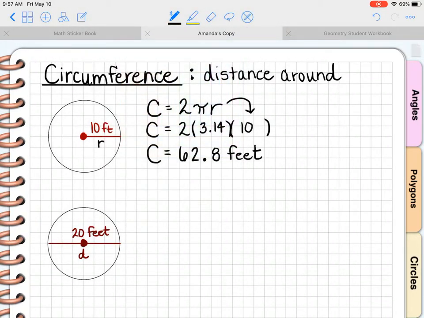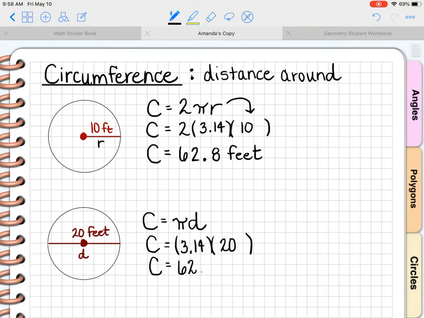So in this case, I could use the formula circumference equals pi times diameter, because I know what diameter is this time. So if you say, okay, there's C equals pi times D, so we would do 3.14 times diameter. So on your calculator, you're going to say 3.14 times 20, and you come up with the same thing.